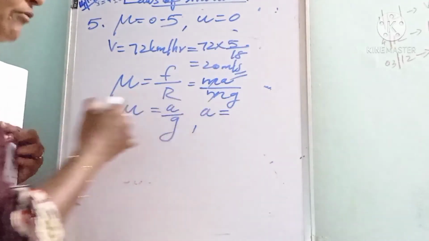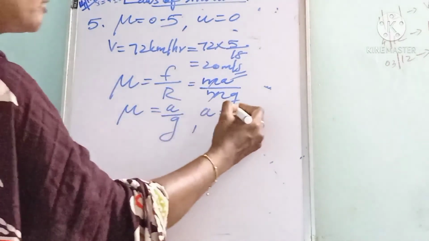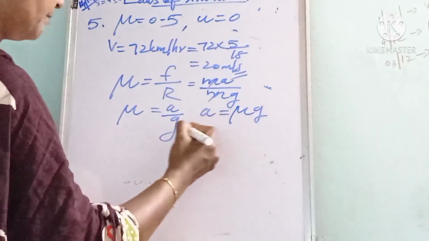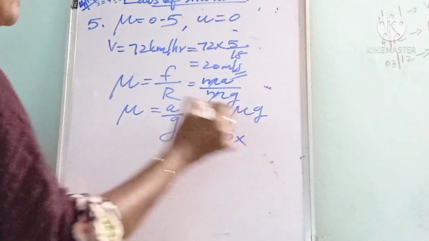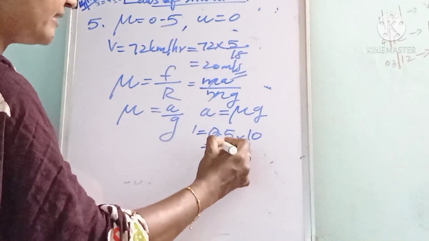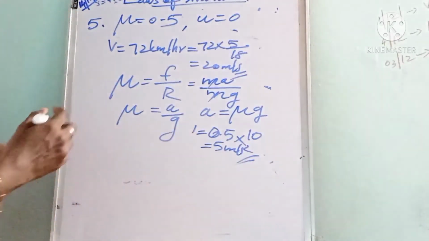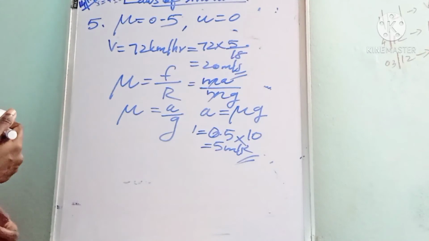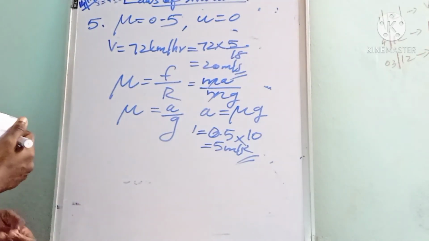Only by knowing the acceleration can we calculate the distance s. So a is equal to mu into g, which is 0.5 into 10, so it is 5 meter per second square. This is the acceleration.